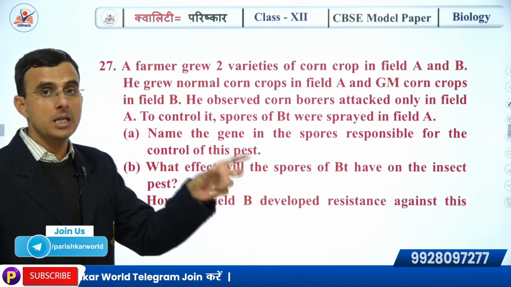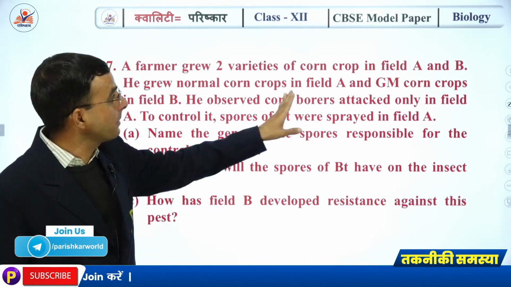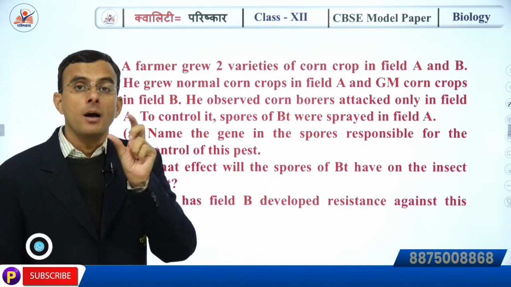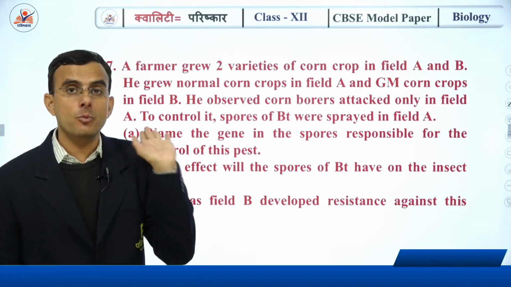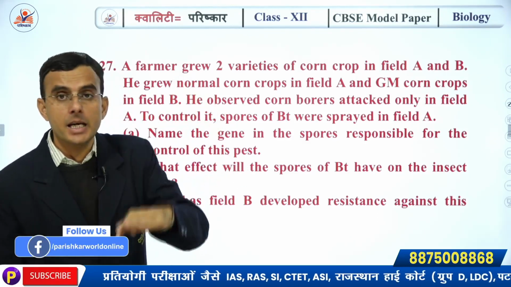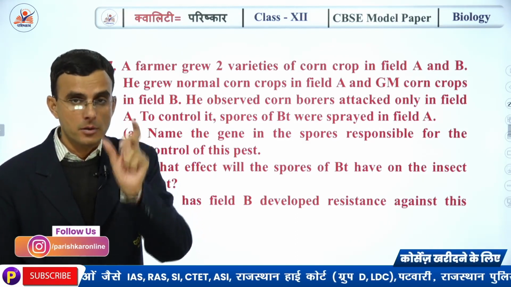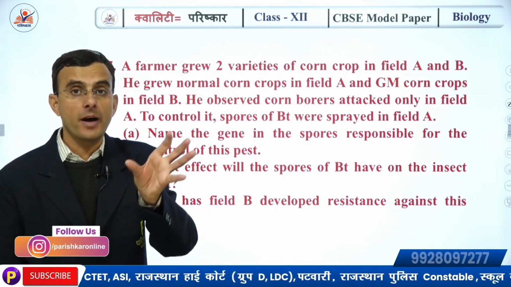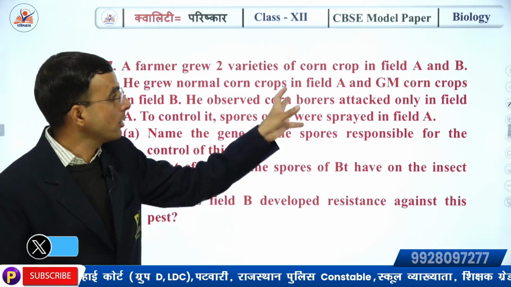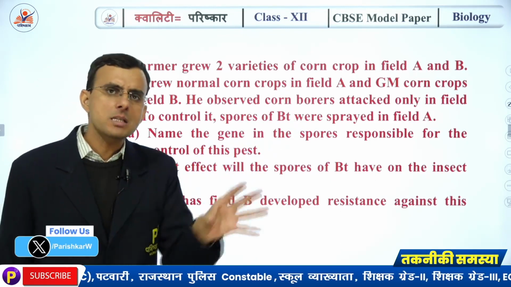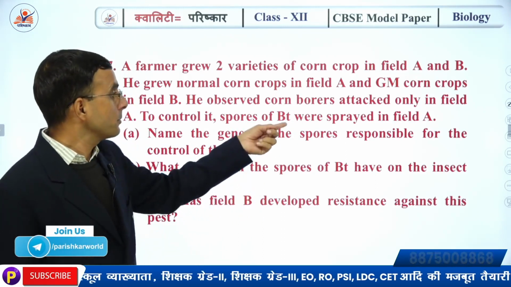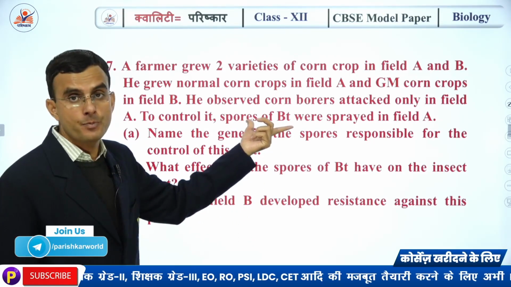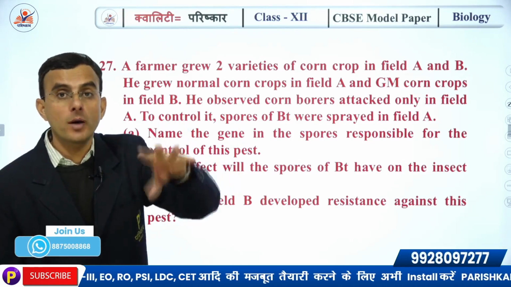In the first field A, they are growing the normal corn crop. In the second field B, they are growing the genetically modified corn. But the effect is that in the first one they are spraying Bt spores into field A. So what is the effect of this?